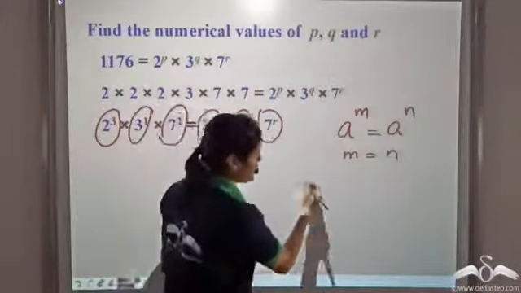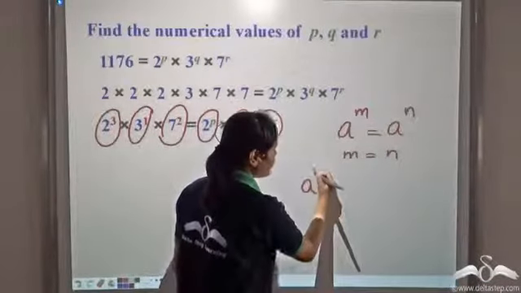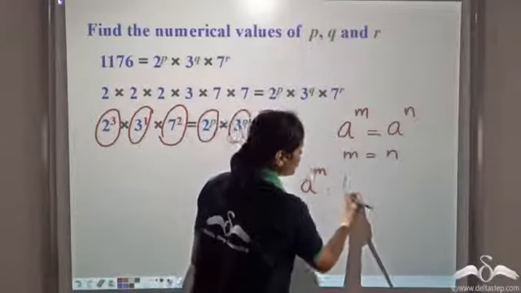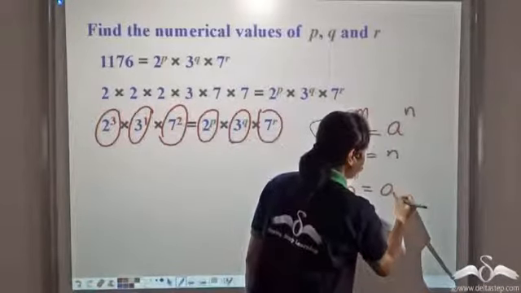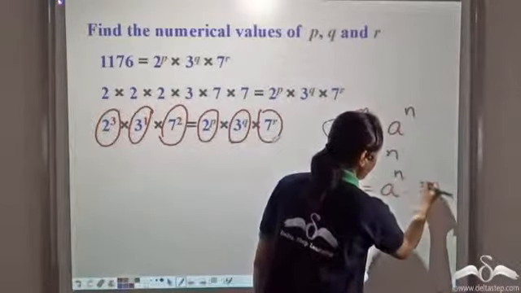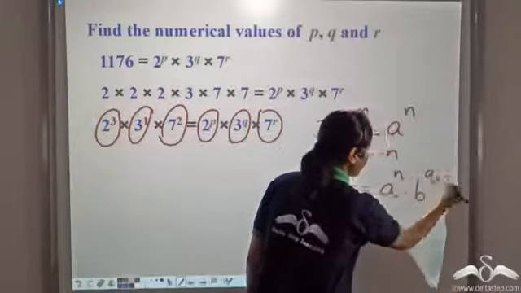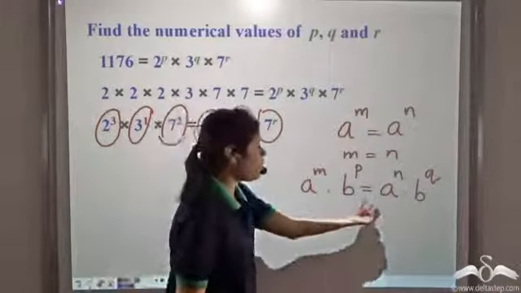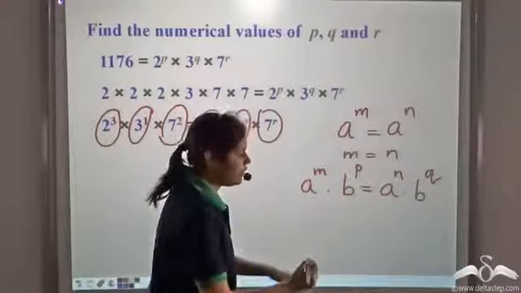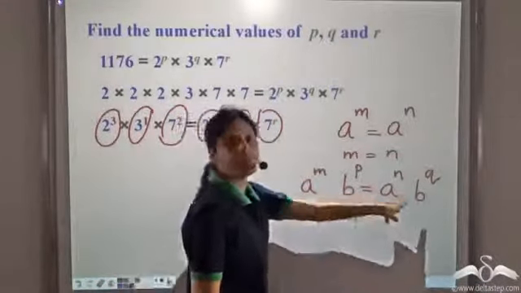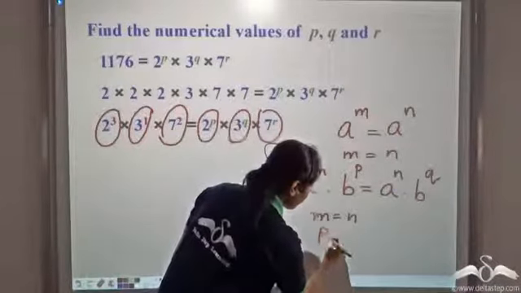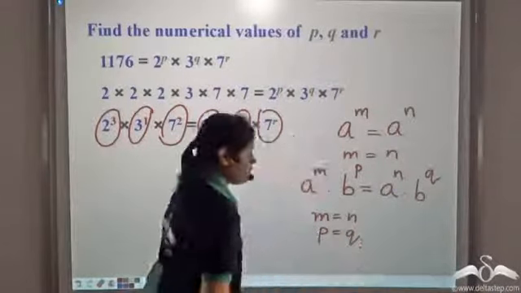Now I am saying that if we have a to the power m into b to the power p equal to a to the power n into b to the power q, we can again equate the powers of a, m equal to n, and the powers of b, that is p equal to q.